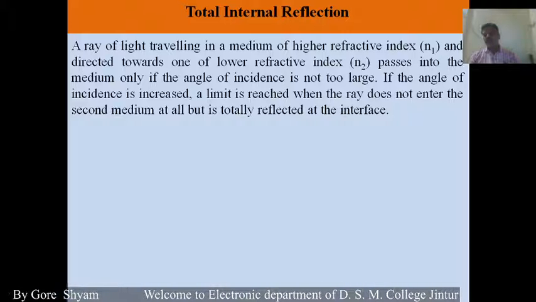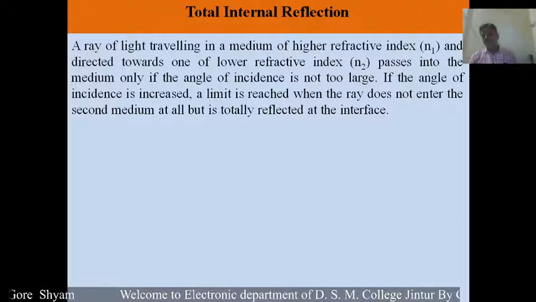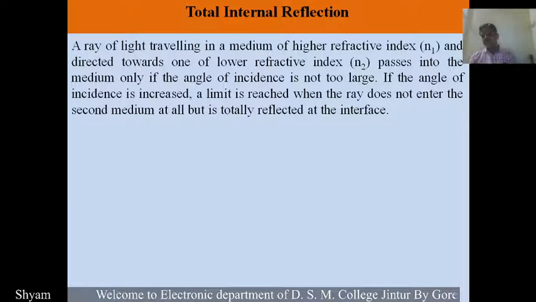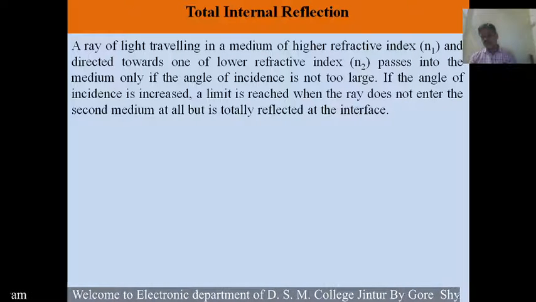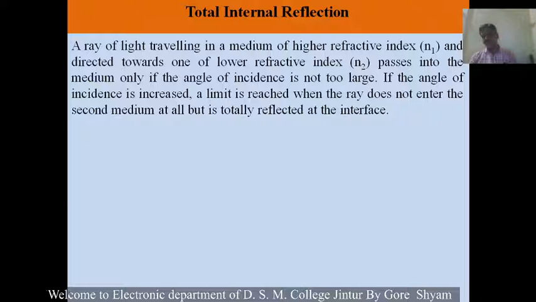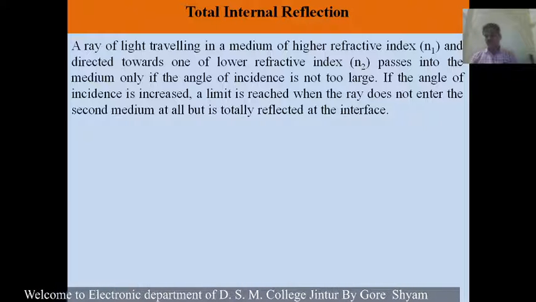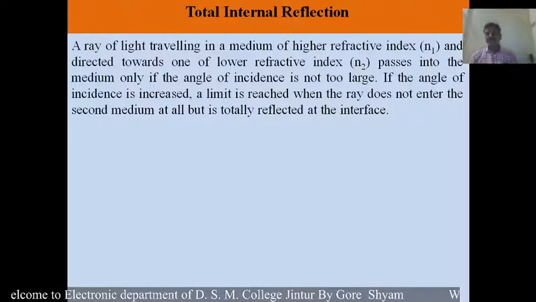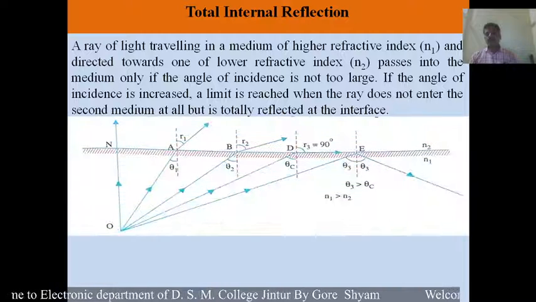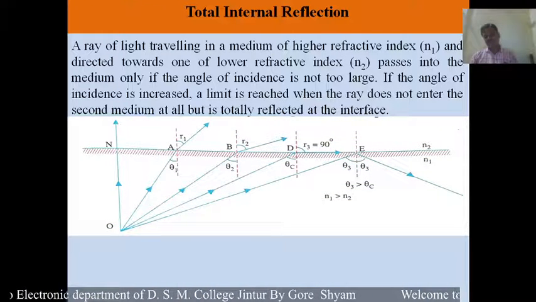Then that light is totally reflected in the same medium from the interface, which is known as total internal reflection. So let us see the total internal reflection with the help of this example.